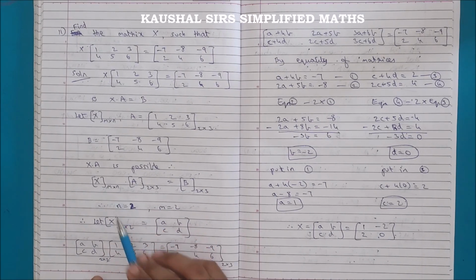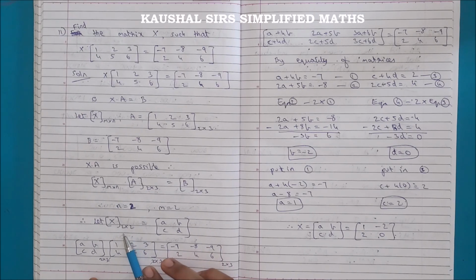So that is why your x is going to have the order 2 by 2. Clear? So let the matrix x of the order 2 by 2 be a b c d.